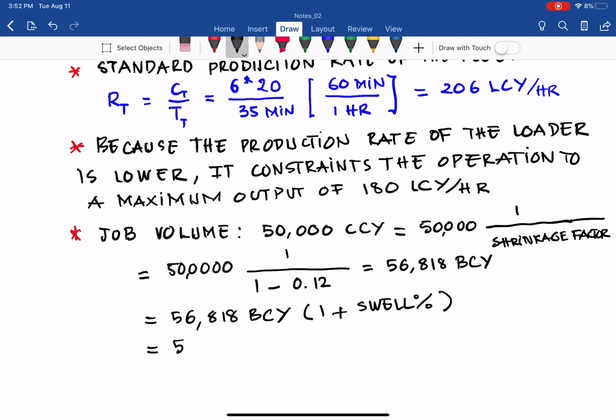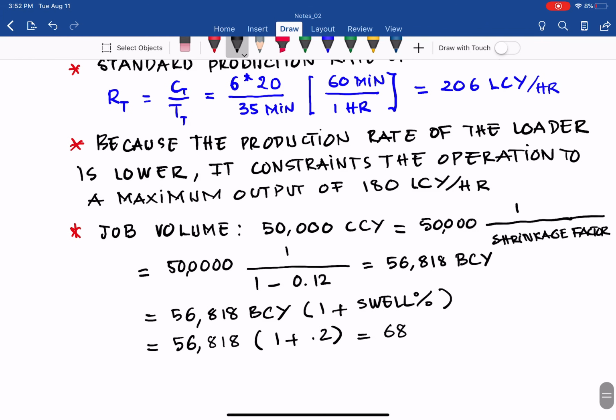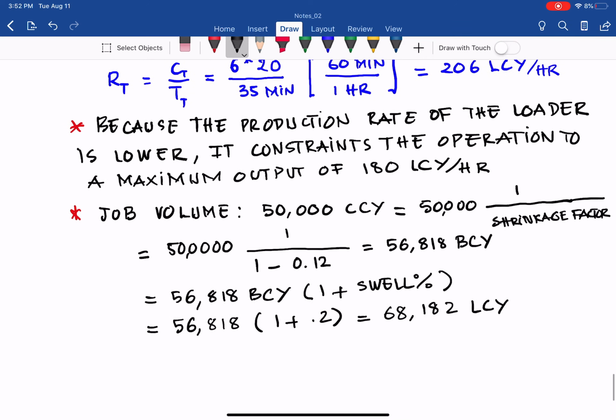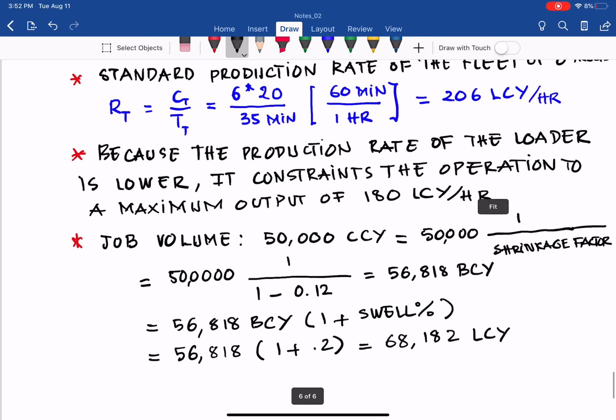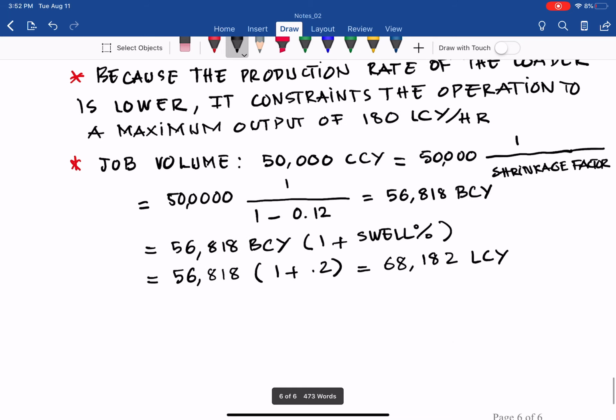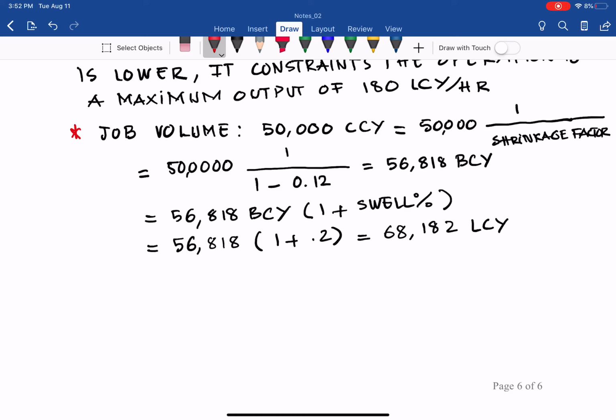We have 56,818 times 1 plus 0.12. So you will get 68,182, and the unit is LCY. So we have the volume, and we have the production rate in LCY per hour. You just take the volume divided by the production rate, then you can get the hours needed.